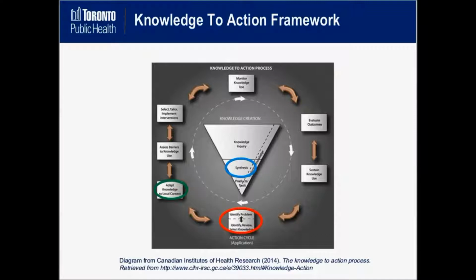After the evidence has been synthesized into a concise format and provided as a recommendation to the key stakeholder, that's the tip of the inverted triangle, the essence of the literature synthesis. After that, the uptake of the product will depend on adapting or tailoring it into different practice contexts. That's going to be back to the green circle, adapting knowledge to local context.